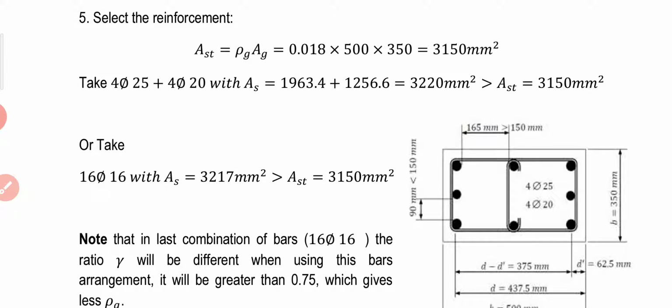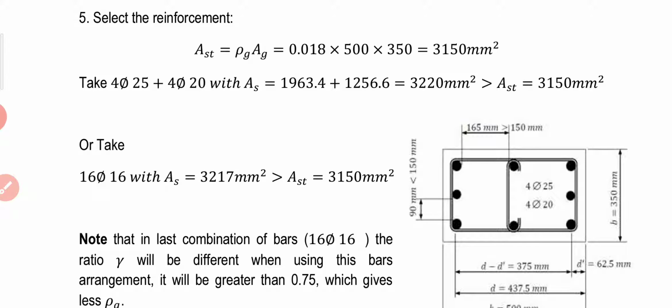Take 4 bars of 25 mm diameter and 4 bars of 20 mm diameter with As equal to 1963.4.